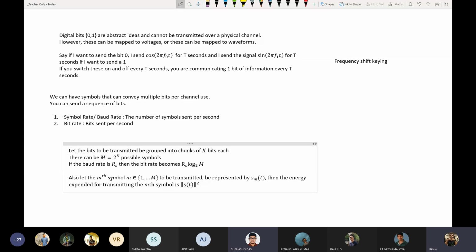You said that log m base 2 is basically k, so it is RS times k. Yes, but we will generally be talking about the number of symbols rather than the number of bits per chunk, which is why I use this notation. Otherwise, that is k. You are right.